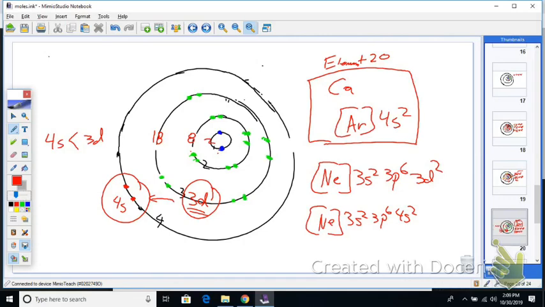Molybdenum, 42, is 4d5, 5s1. Yeah, so is 24. So chromium is 3d5, 4s1. Molybdenum is that way. But when you get down to tungsten, it's not that way. So there's exceptions to the rule, and we'll talk a little bit about that, but you won't have to know them.